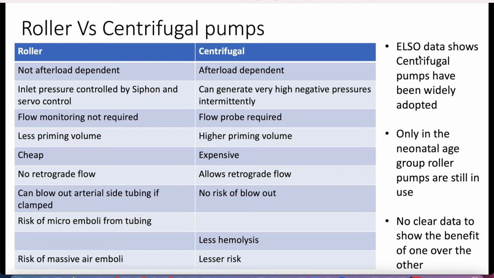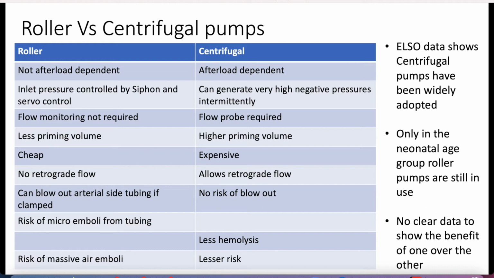Extracorporeal life support organization data suggests that centrifugal pumps have been widely adopted. Only in the neonatal age group, roller pumps are still in use. However, I have to mention that there has been no clear randomized control studies which has shown benefit of one pump over the other.